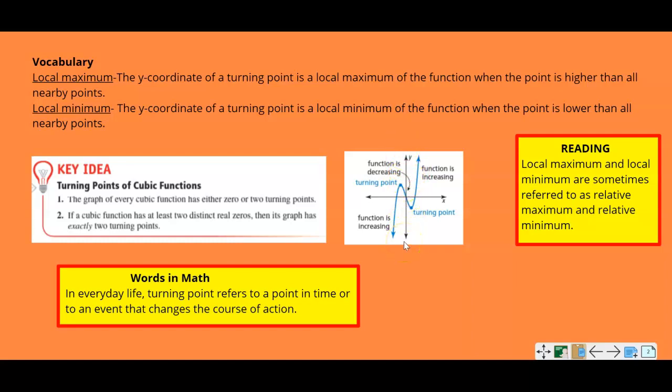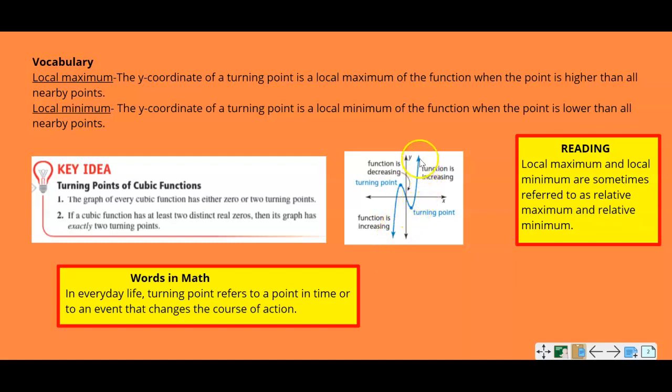So when you're talking about a local maximum, like the highest point here, that's going to be your y, okay? And also, your local minimum comes from whatever the y value is of that ordered pair of the lowest point there. These are sometimes called local maximums and local minimums. As you can see on the graph, it has an arrow, which means it continues forever in the negative direction.